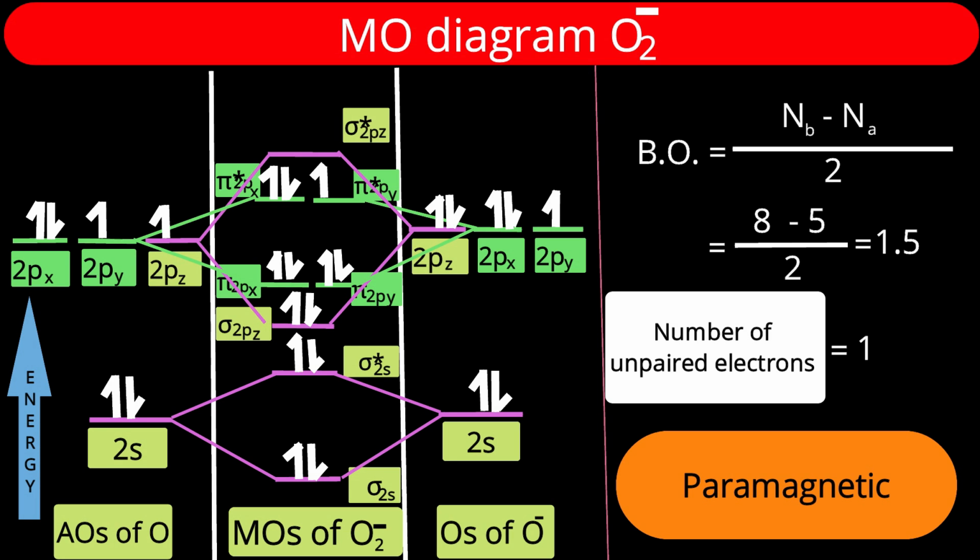So where will the energy of the 2s orbital be low? In shrunken oxygen or enlarged O minus? Yes, in the shrunken oxygen, the small sized oxygen. So energies of orbitals of oxygen are lower than energies of respective orbitals of O minus. It is because the size of the oxygen atom is smaller than that of O minus.